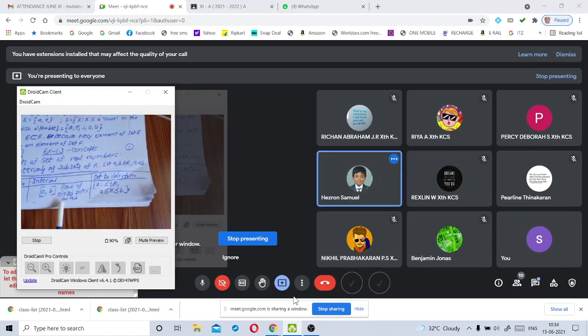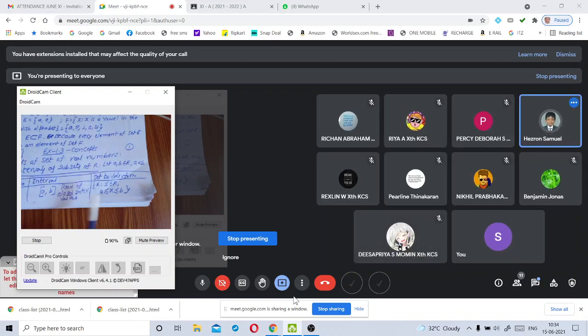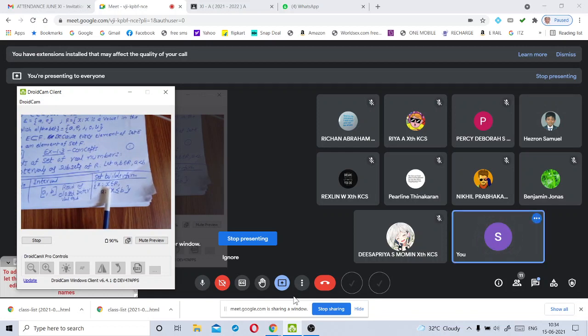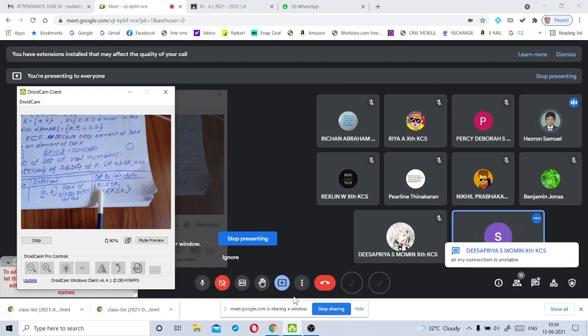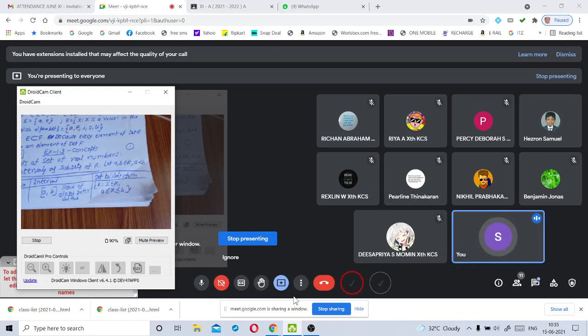Closed interval A comma B. Set of all x such that A is less than or equal to... first, this one. You left this part. Read it out again: set of all x such that. Okay, my dear Disha Priya, don't worry. Next time you will read.